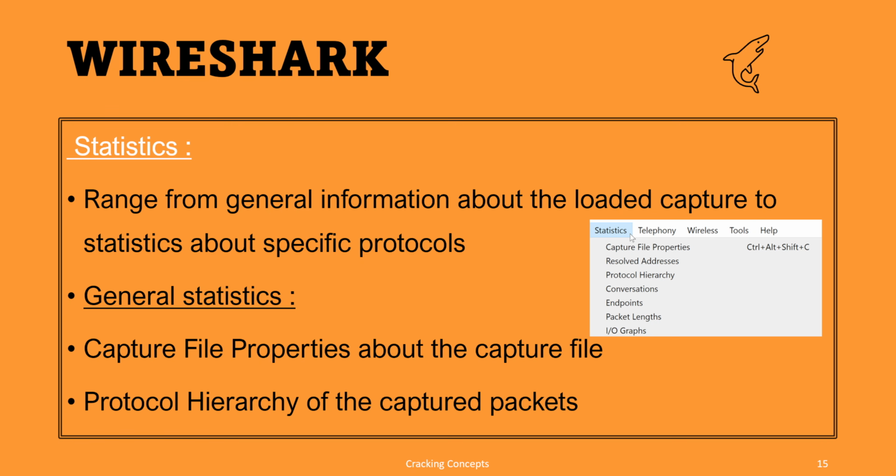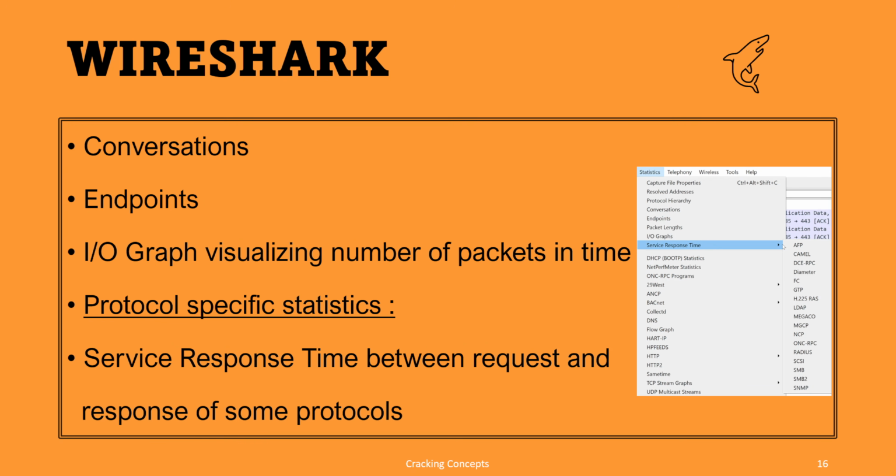We have general statistics, which consist of capture file properties, protocol hierarchy of captured packets, conversations, that is the traffic between specific IP addresses, endpoints, that is traffic to and from IP addresses, and IO graphs visualizing the number of packets or similar in time. We also have protocol specific statistics like the service response time between request and response of some protocols.